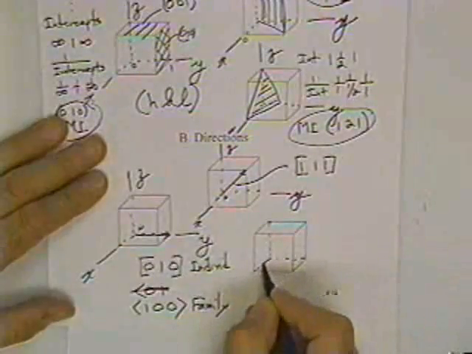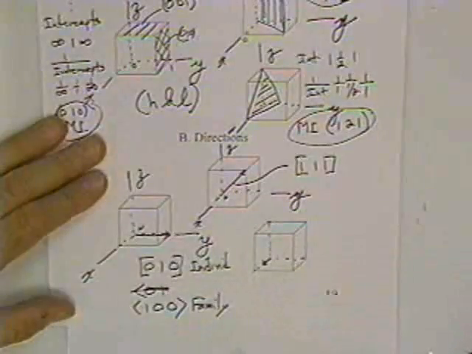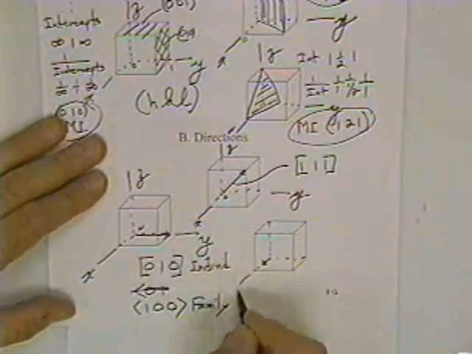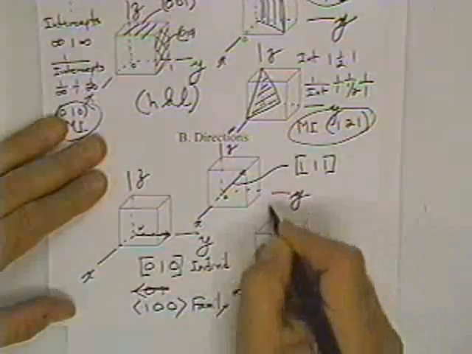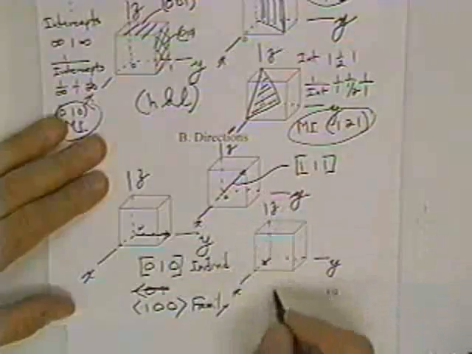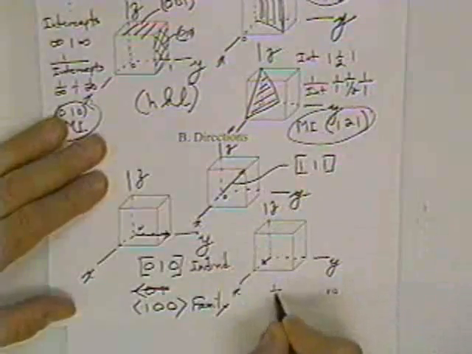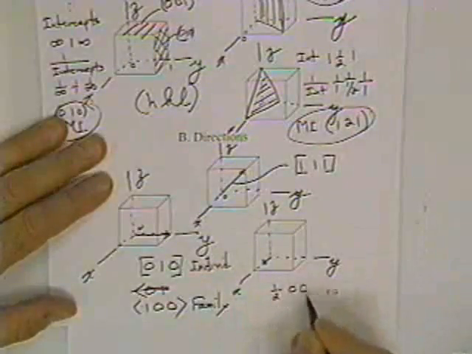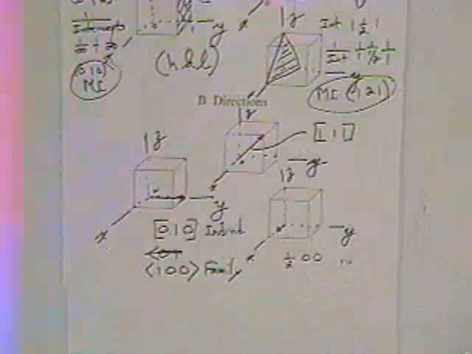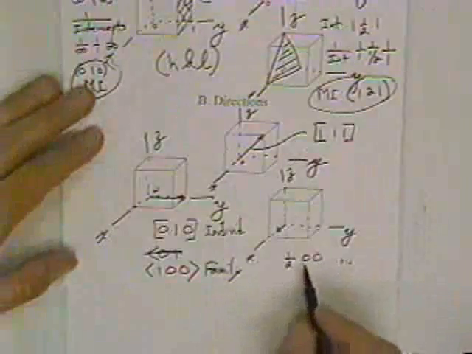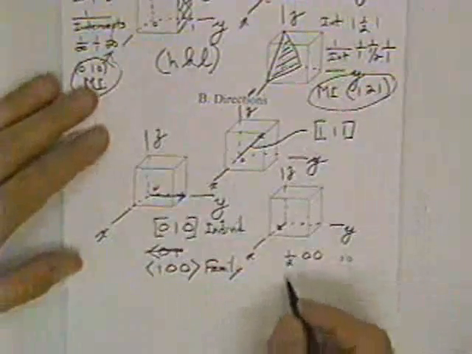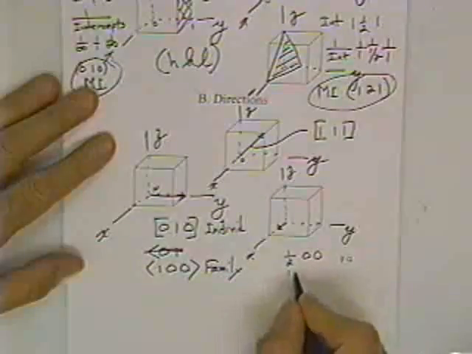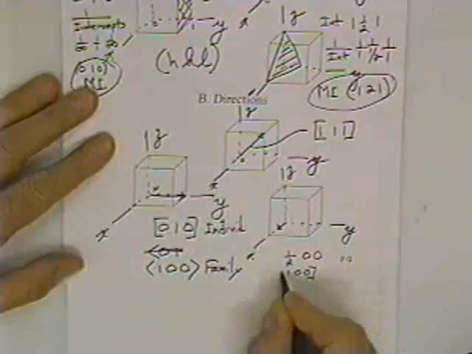Let's try one that only comes out to the half position there. So the direction would be half, 0, 0. Okay, the intercepts would be half, 0, 0. You clear of fractions, and this would be the 1, 0, 0.